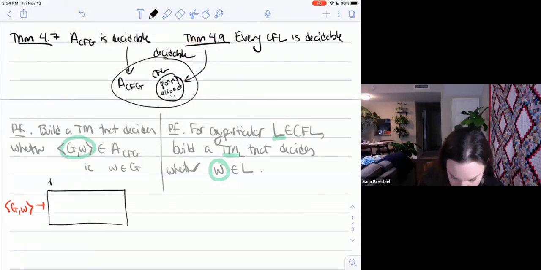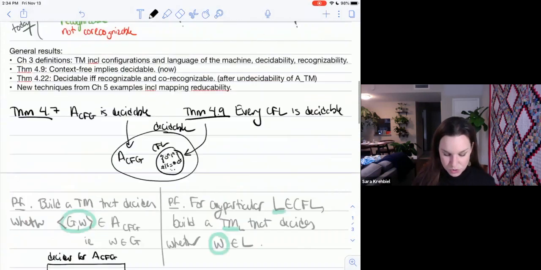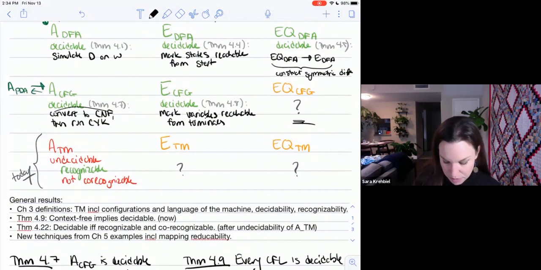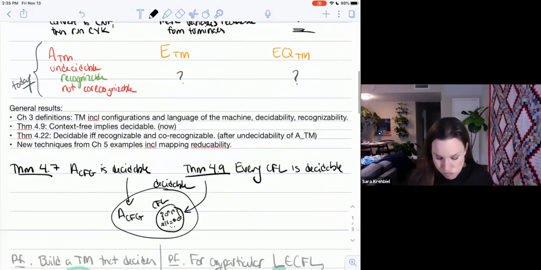So our decider for ACFG, we can just refer back to the place where we have this summarized. We want to convert our G into Chomsky normal form, and then use the Chomsky normal form version of G with W and run that through CYK.